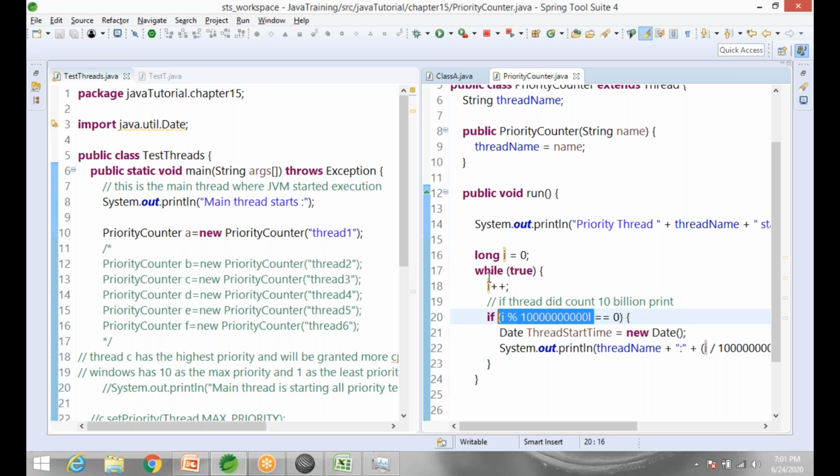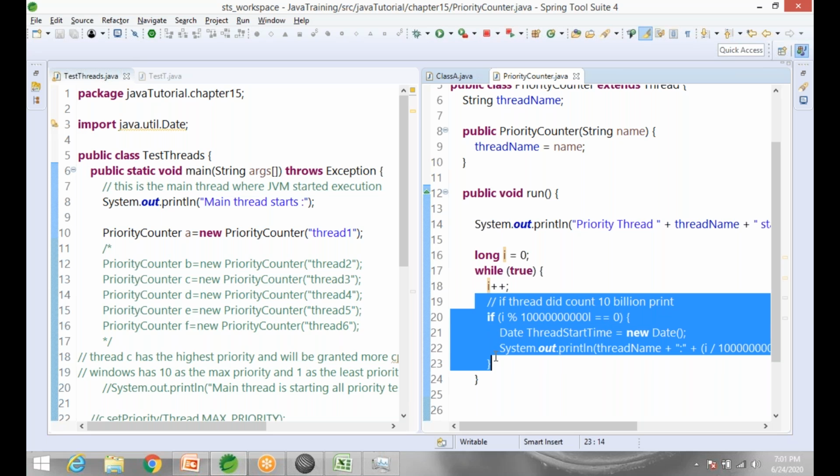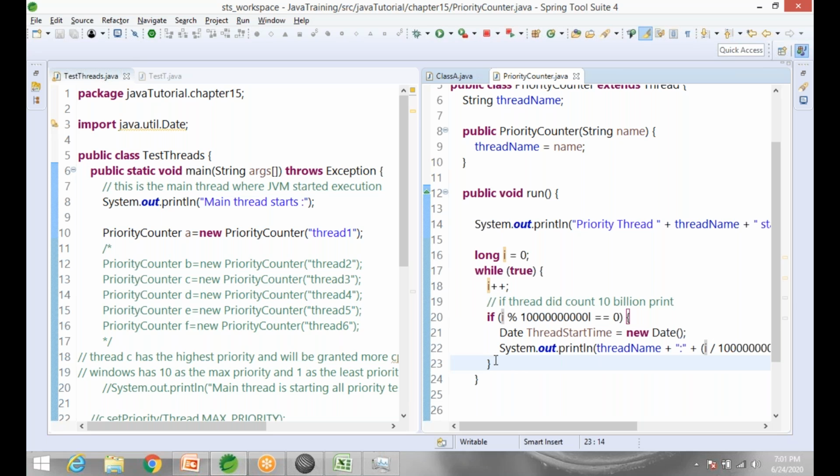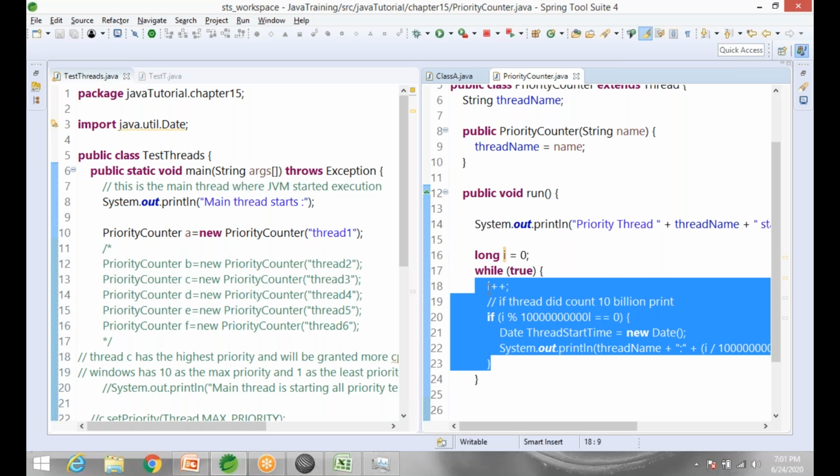That's all it is doing. Every time it is incrementing the I variable and then checking if the count is 10 billion or not. So this is still a lot of processing, but it does that at a really, really high speed. It basically processed this loop 10 billion times in less than 1 minute.